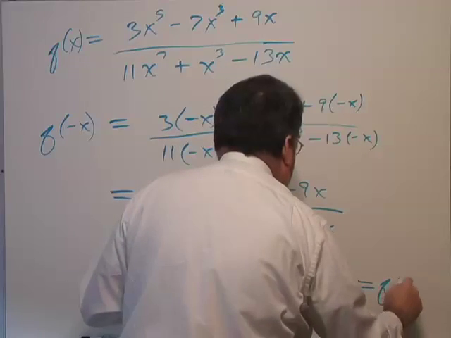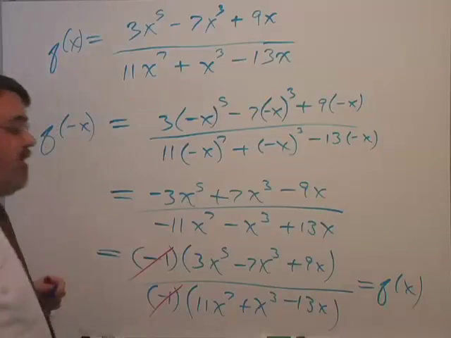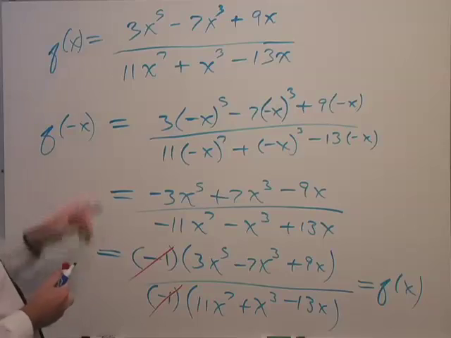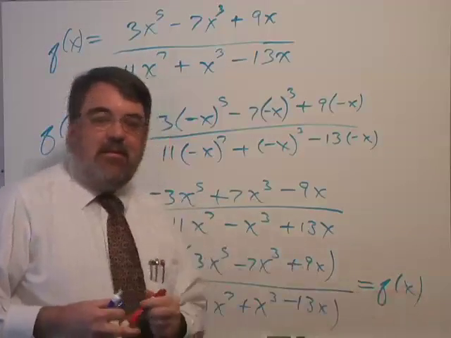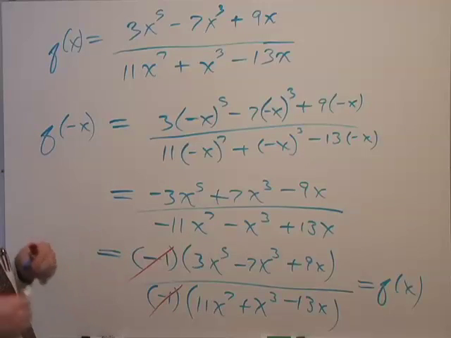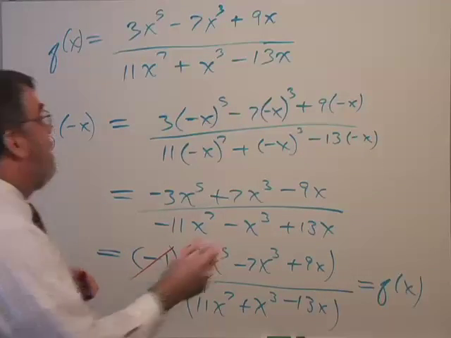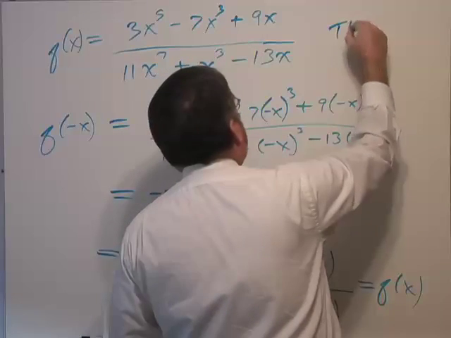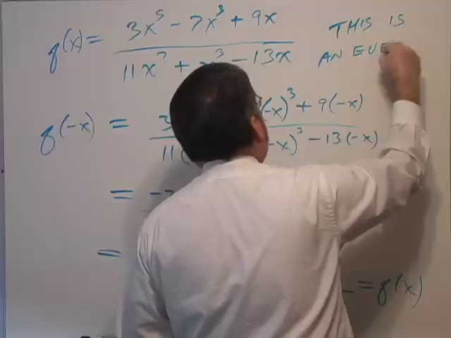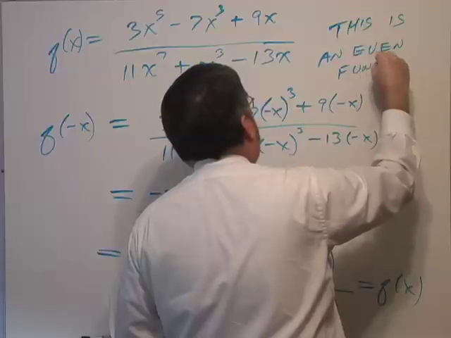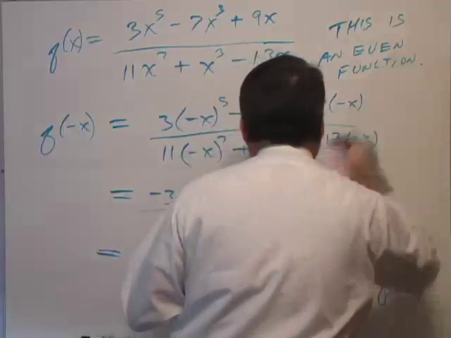So this turns out to be an even function because it satisfied the test that f of negative x equals f of x. In other words, change of the input does not change the output. So this is an even function. All right, so there we go.